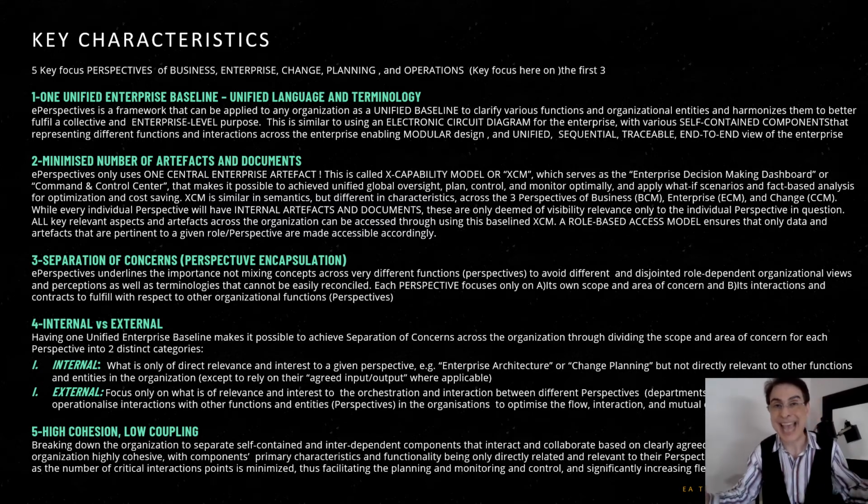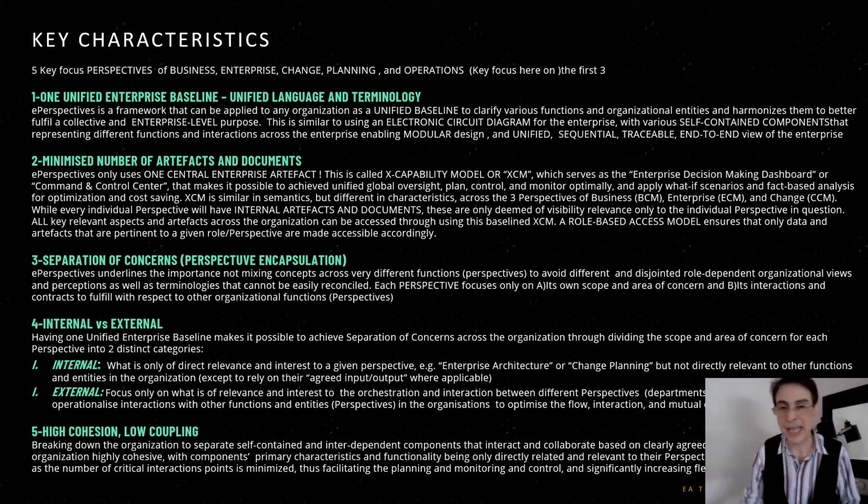So we provide the XCM, X capability model, as mentioned: strategic capability model, business capability model, enterprise capability model, and change capability model. As I've just demonstrated, all of them are captured into one central document and artifact, and only people whose role is more across the board or comprehensive, such as a CEO or a CFO or a CIO, or a chief marketing officer, or a head of portfolios, for example.